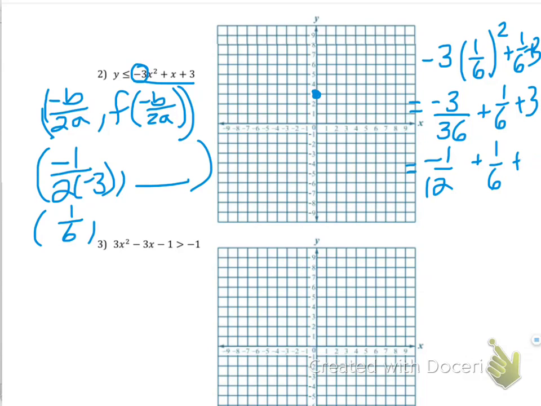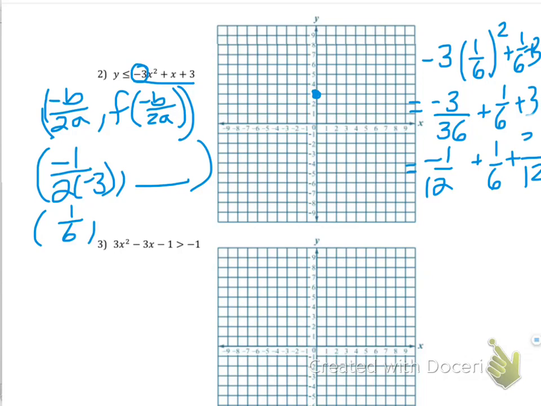So I'm actually going to change that to 3 times 4 is 12. So it's going to be 12 over, okay. Hold on just a second. I want the denominator to be 12, which means I need to multiply 3 by 12.